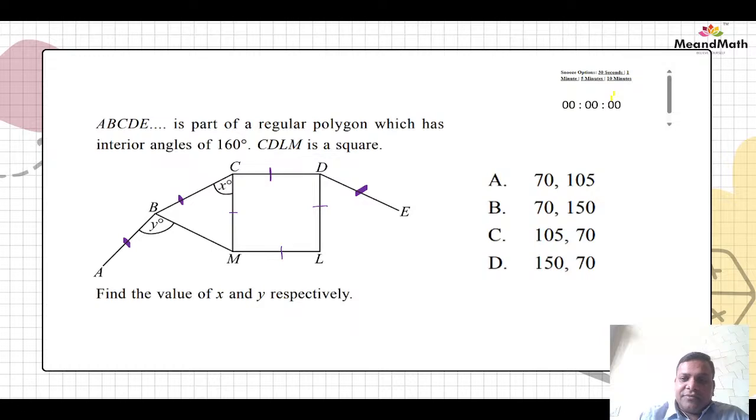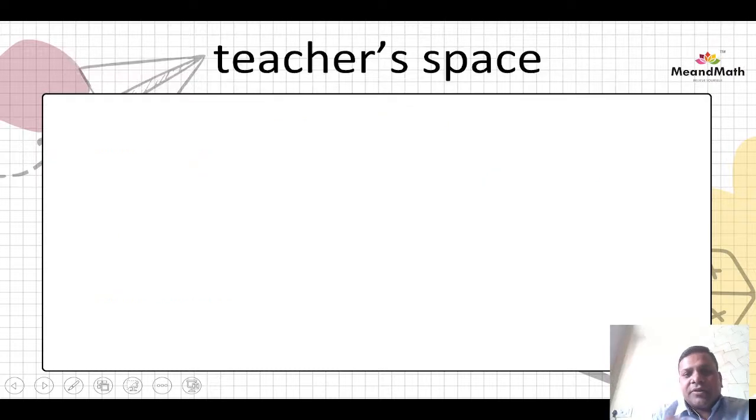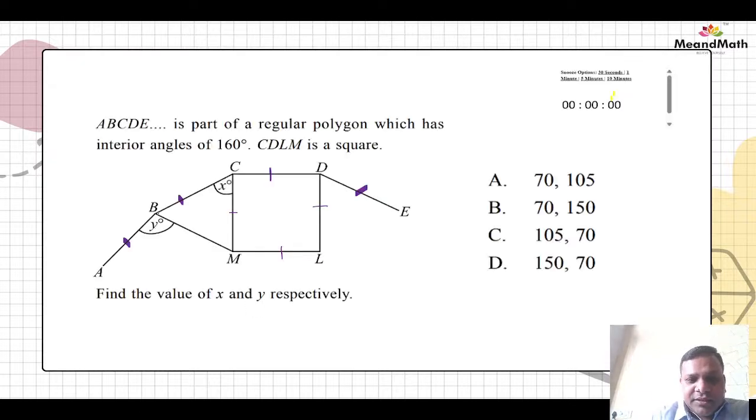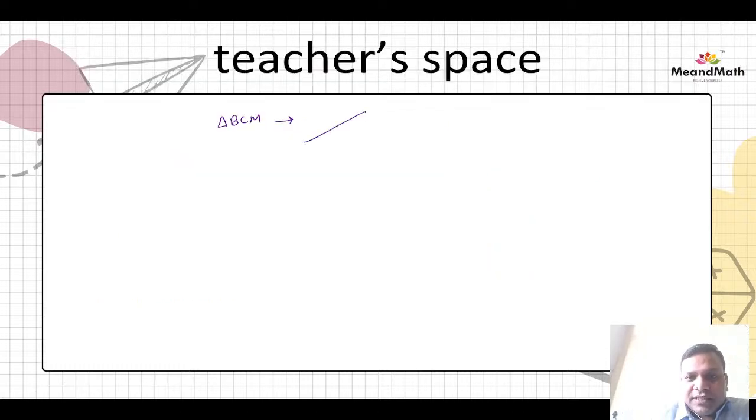Now we will talk about the triangle BCM. In triangle BCM, you can see here BC and CM are equal. This angle is x, so this is equal, both angles are equal. Why? Isosceles triangle.